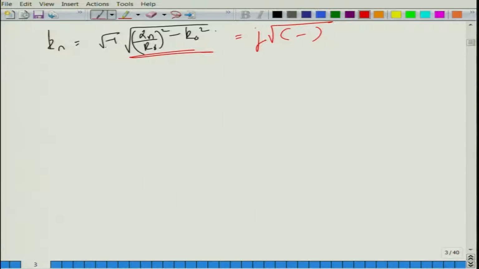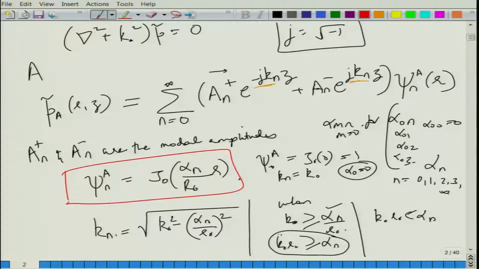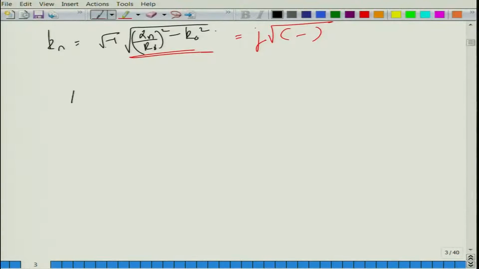However, if we consider this as j, then the coefficient associated with a n will become minus j times j root over alpha n by r naught square minus k naught square.